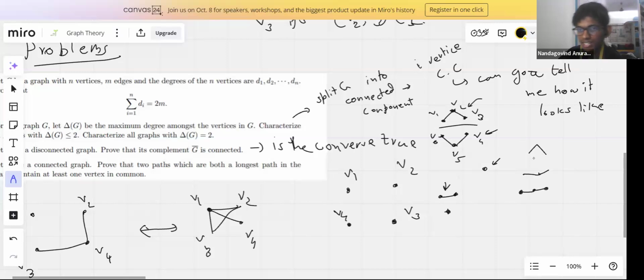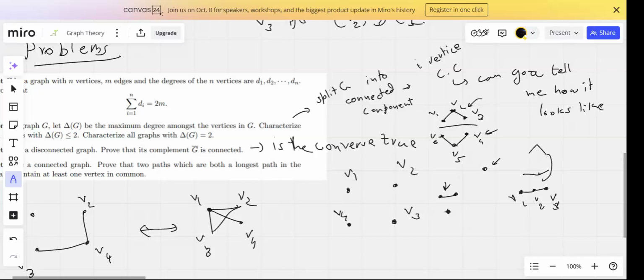The only thing that really differentiates two different components is the connections. If I have v1, v2, v3, then the only thing that differentiates is if v1 is now connected to v3. That's considered different.